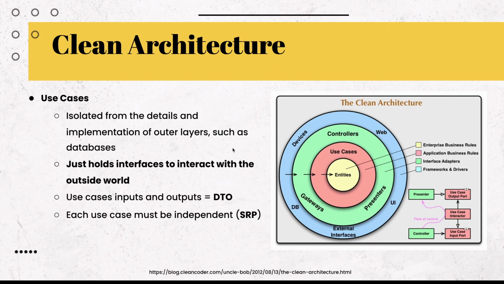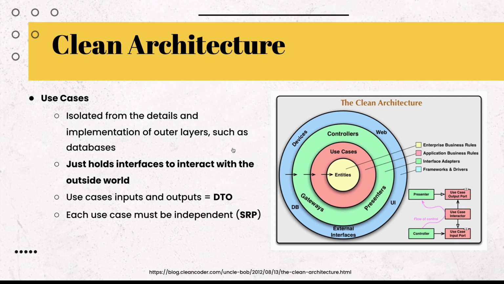And like I said, it's isolated from the details and implementation of outer layers, such as databases and CSV export, or any other external detail, okay? And as I said, we just hold interfaces in these layers, and we use something called DTO, which is data transfer object.